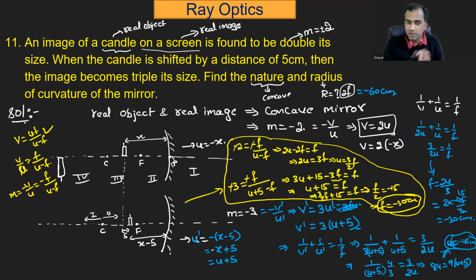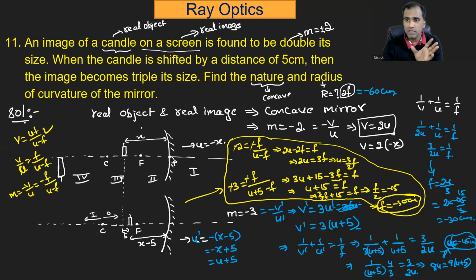Whenever you're confused, whenever they move this side or that side, since object distance or image distance might be negative, in those cases you have to be careful with the sign. It might look like U minus 5, but that's actually U plus 5 because there is a minus sign internal to U. So in such situations, if you're confused, instead of U and V, take some length, let's say x or y, which will consider only the length.